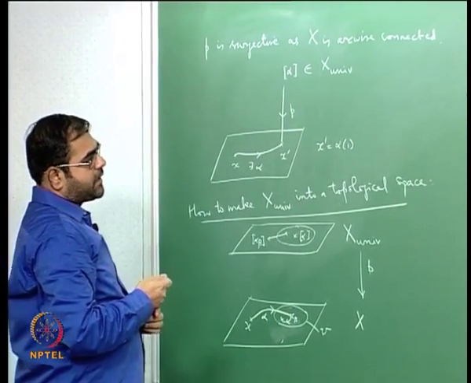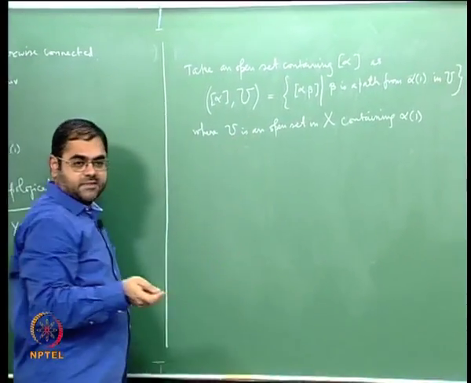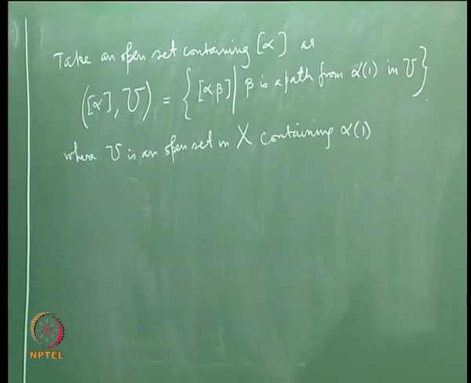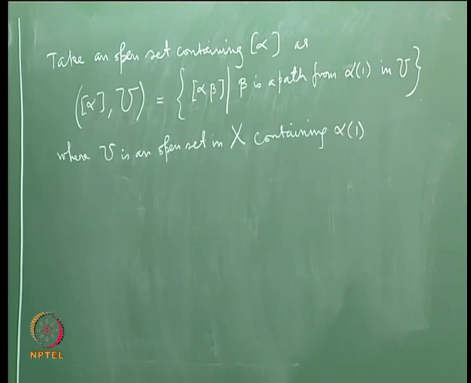Once you define these open sets like this, they do not give you all the open sets, but they turn out to be basic open sets, namely they form a base for a topology. And what does that mean?